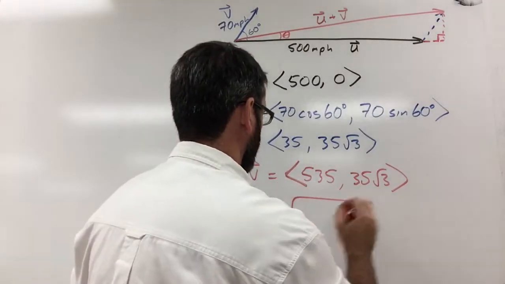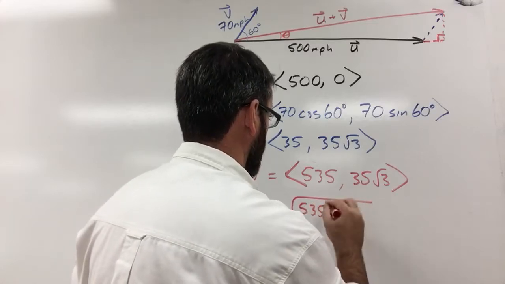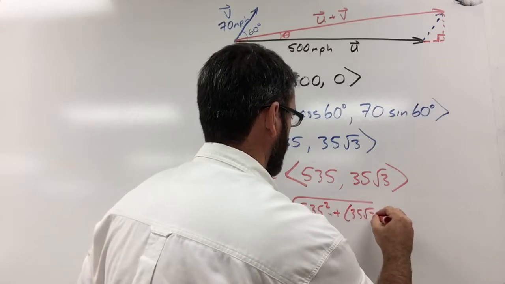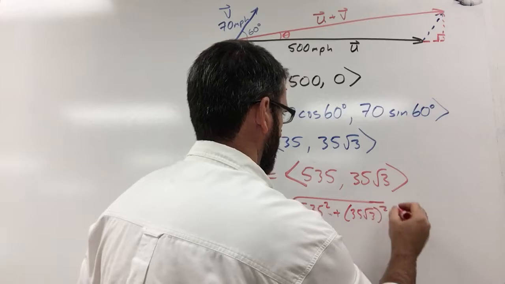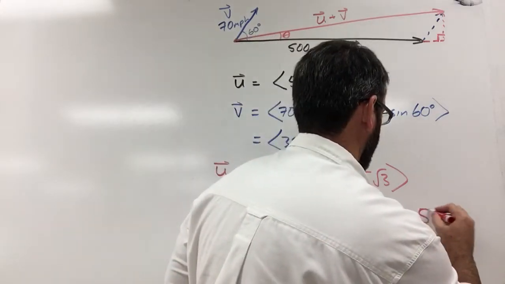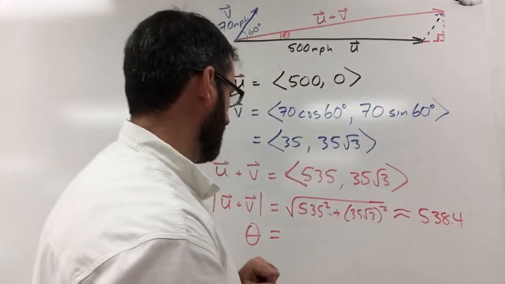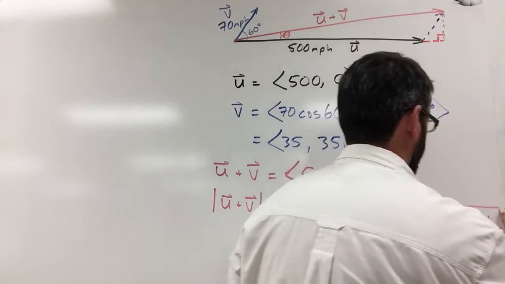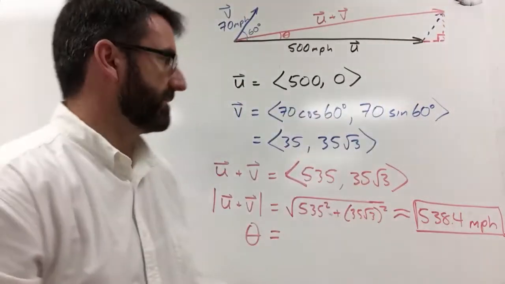It's going to be the square root of 535 squared plus 35 square root of 3 squared. And that's approximately equal to 538.4 miles per hour. So that's our ground speed, the magnitude of that vector.